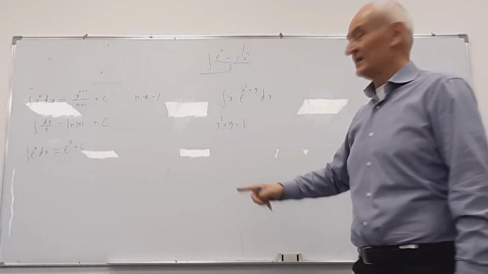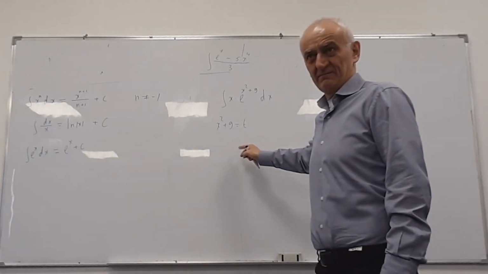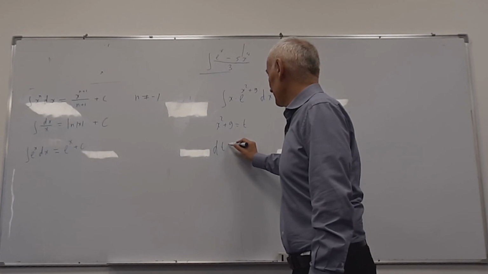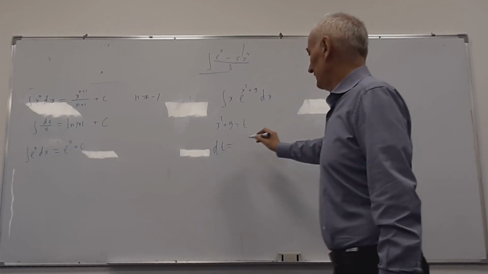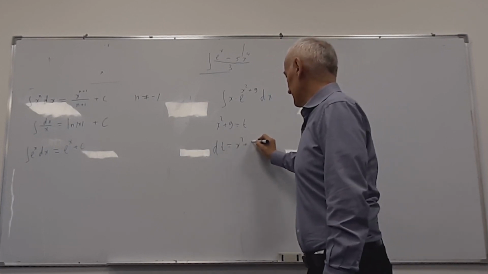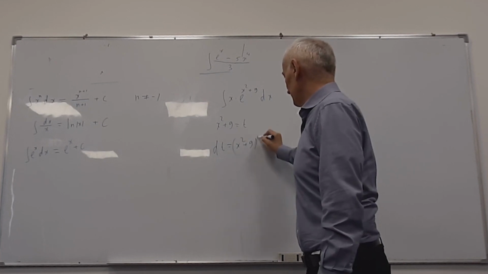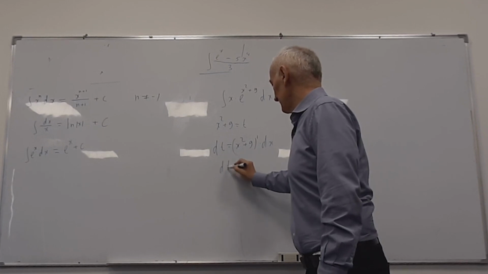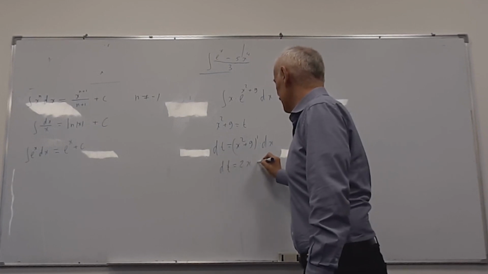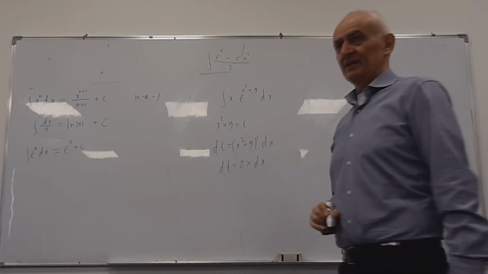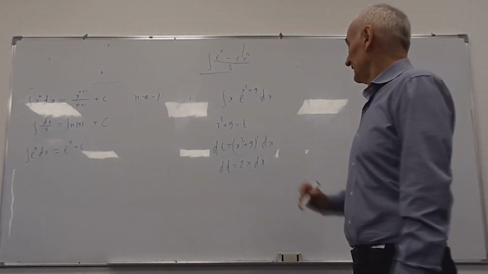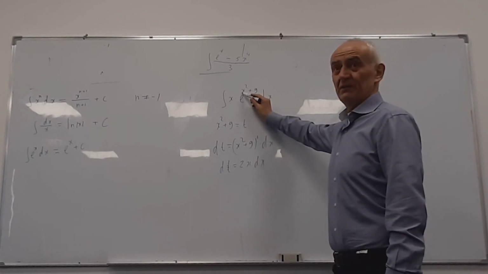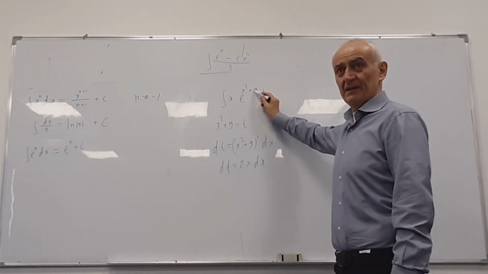And what is another way? To find dt. And dt here is going to be the derivative of x squared plus 9 times dx, and dt is going to be 2x dx.